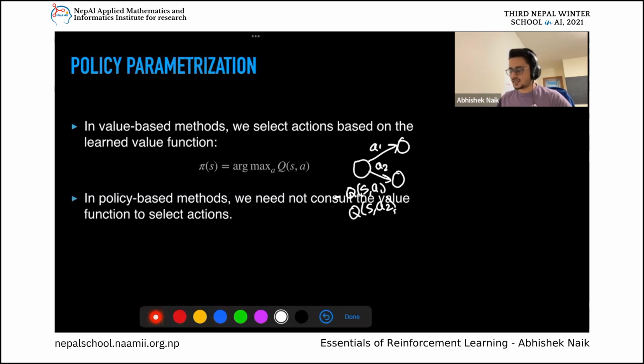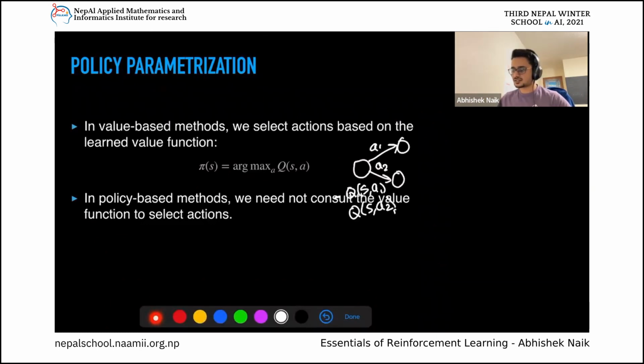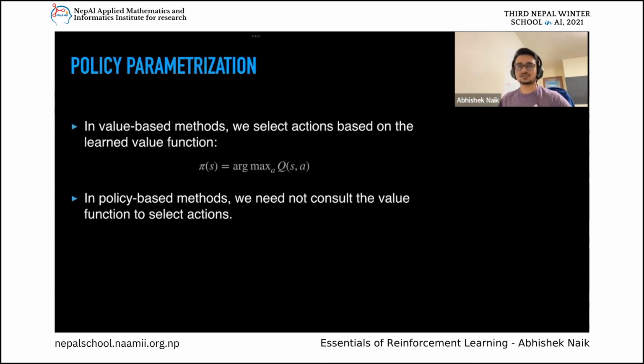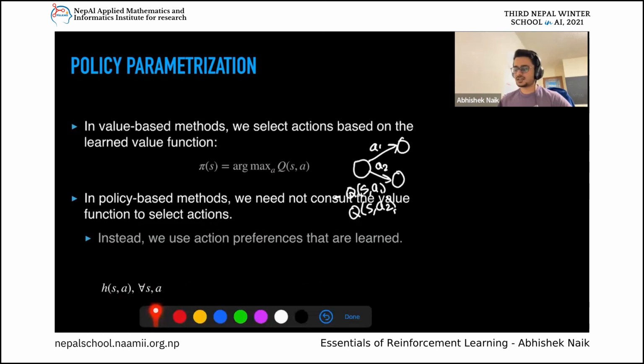Now, in policy-based methods, we do not need to consult a value function to select actions. Here we are consulting a value function to select an action. In policy-based methods, we don't do that. Instead, we use action preferences that we can learn. Let's denote a preference for a particular action in a state by h(s, a).